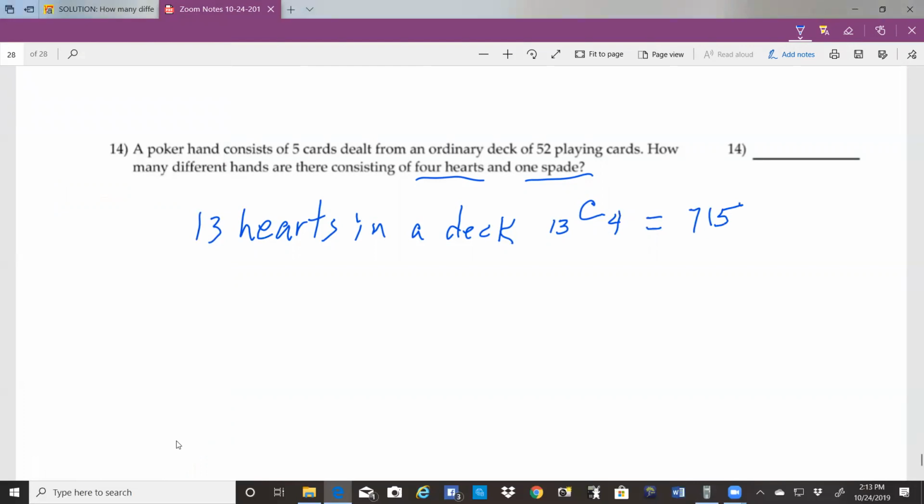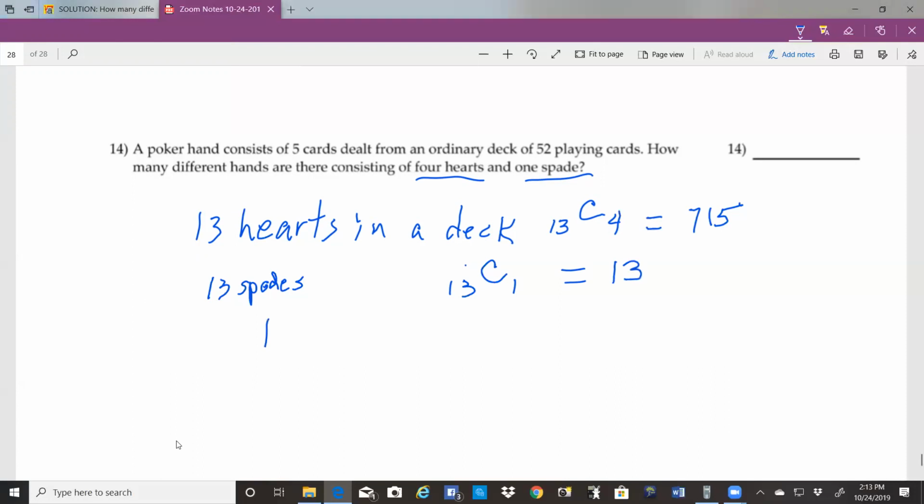And you have 13 spades. You then want to calculate the combination of 13 spades taken 1 at a time, because you only need 1. Well, put it in your calculator, and that will be 13.